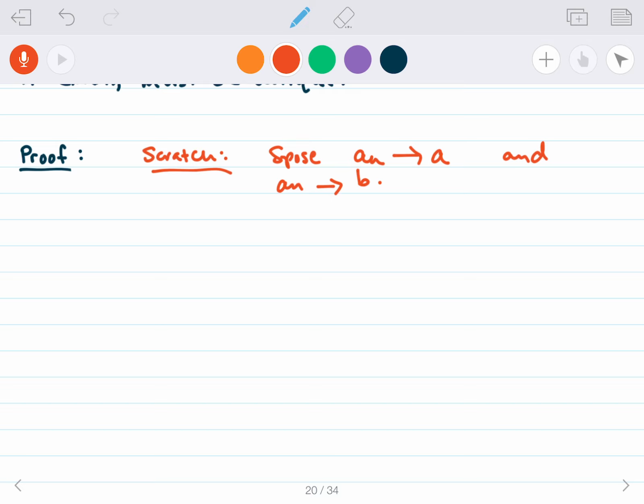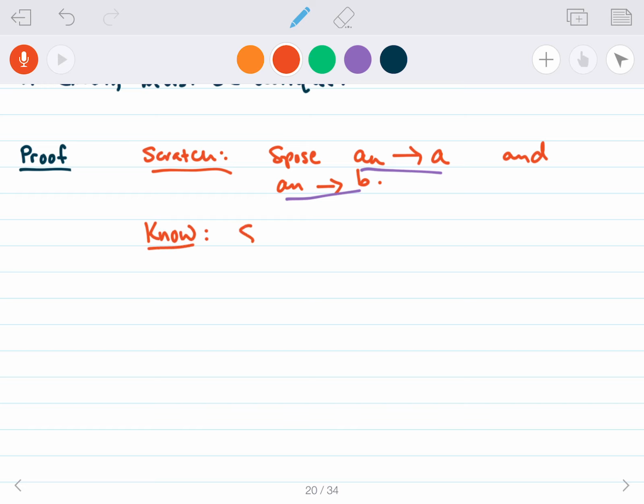Well, since our sequence converges to a, we know that for any positive number, there exists some capital N. Let's call it capital N1 because we have two different situations here. So let's write it out here. What do we know?